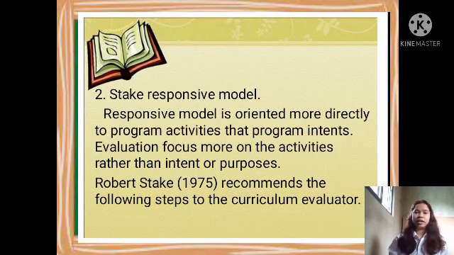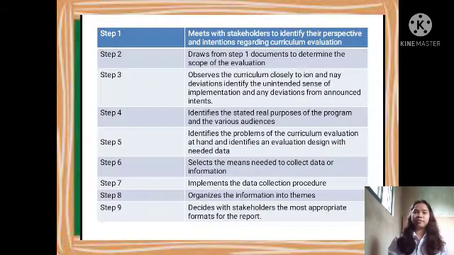So in the table, the curriculum evaluator follows the steps below. So step 1, meets with stakeholders to identify their perspectives and intentions regarding curriculum evaluation. Step 2, draw from the step 1 documents to determine the scope of the evaluation.